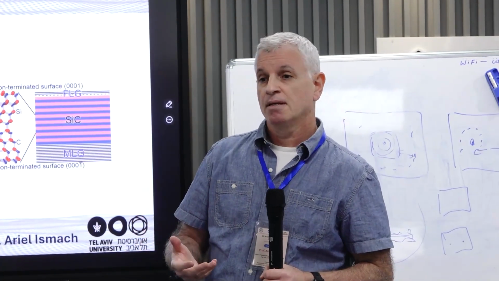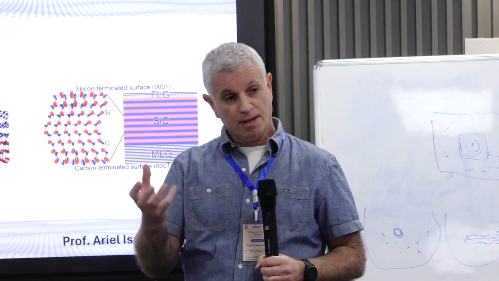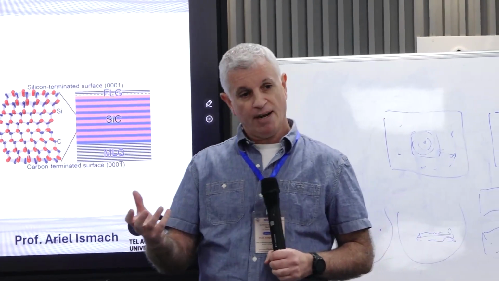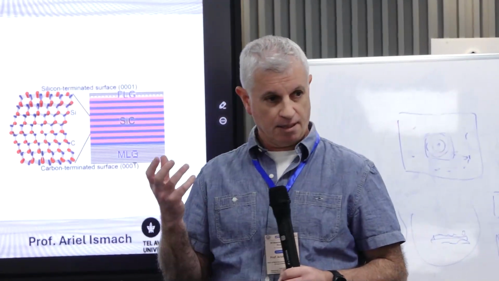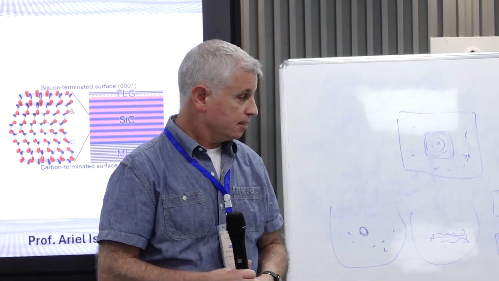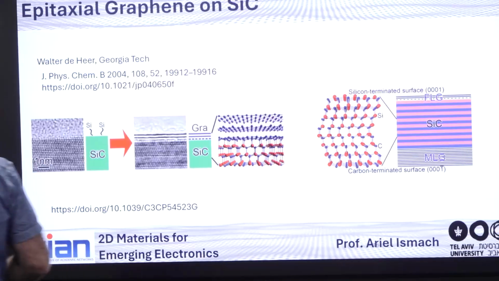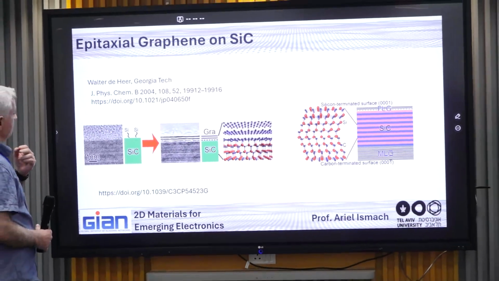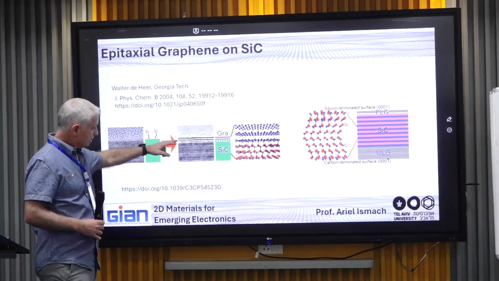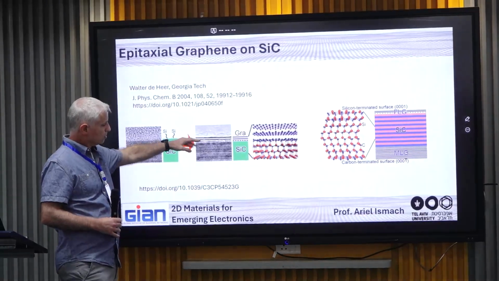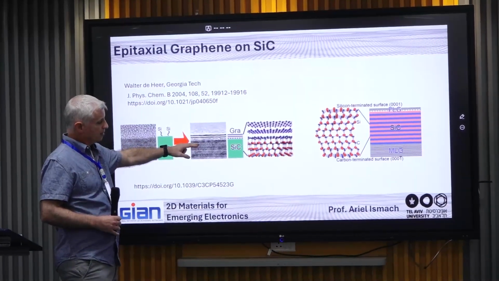Okay? And in that form, a very good quality graphite is grown. In this case, we don't reach 3000, but the amount of carbon here is not great. So what happens is that the graphene grows epitaxially on the silicon carbide.